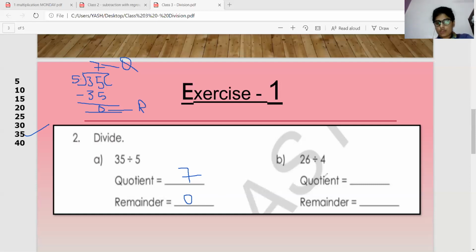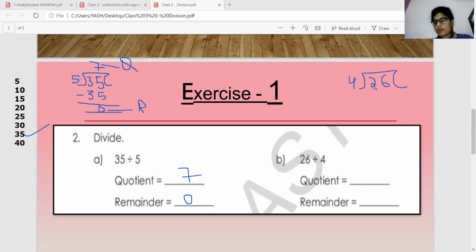In the next question you can see you have 26 divided by 4. Like this. First write the bigger number here and the smaller number here.